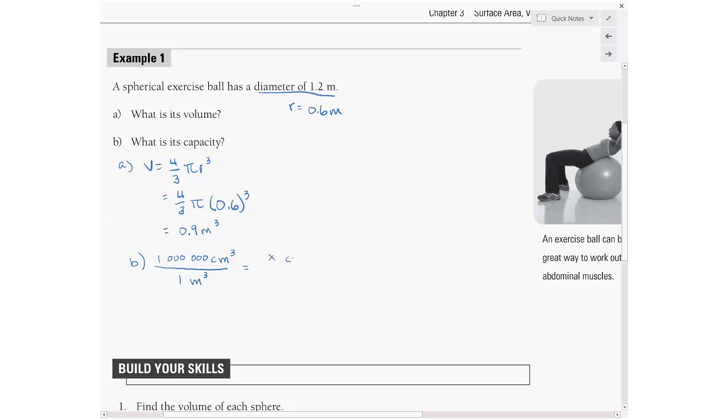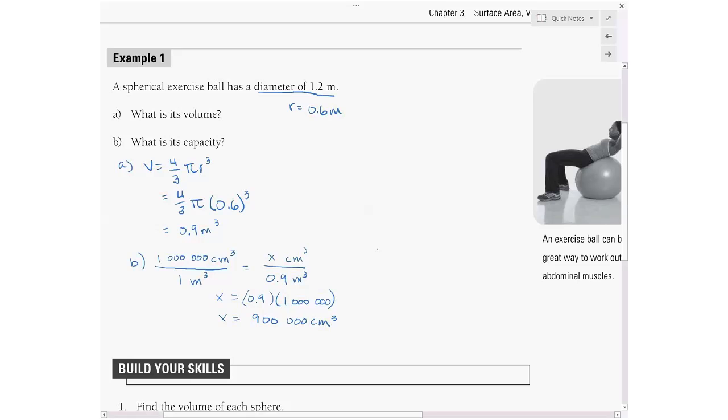So we have x. We want to know how many cubic centimeters that is if we have 0.9 meters cubed. So that's 0.9 times 1,000,000. We divide that by 1, which isn't going to change it, and that's going to give us 900,000 cubic centimeters.